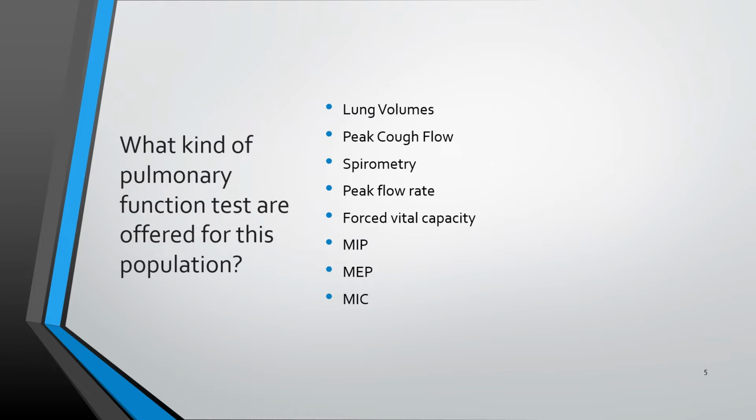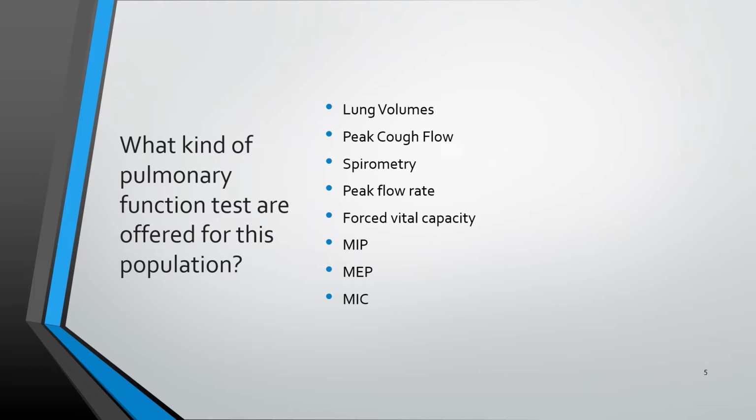Basically, you take a full inspiration, you have closure of the glottis, you have contraction of the abdominal and expiratory muscles, and then you generate a positive intrathoracic pressure. Then when you open the glottis, this allows for forceful expulsion of gases. So peak cough flow is a very, very important test for this population.